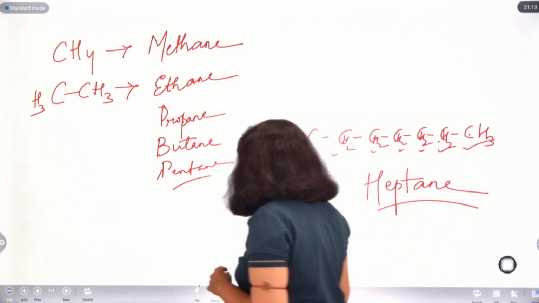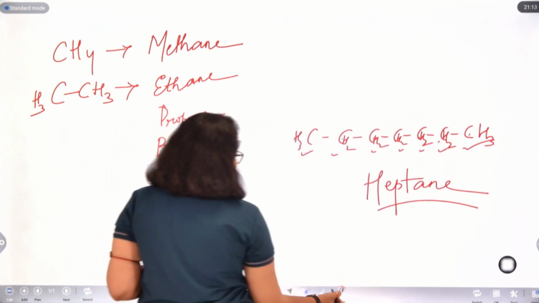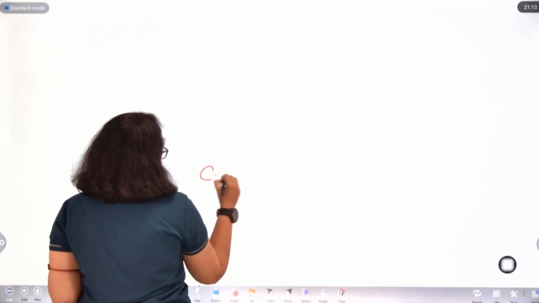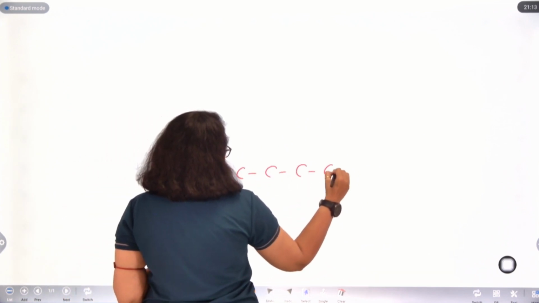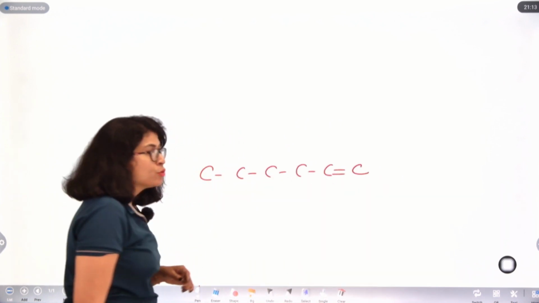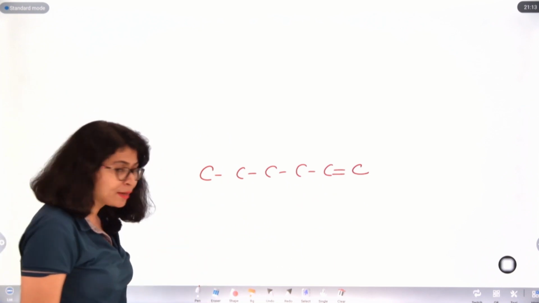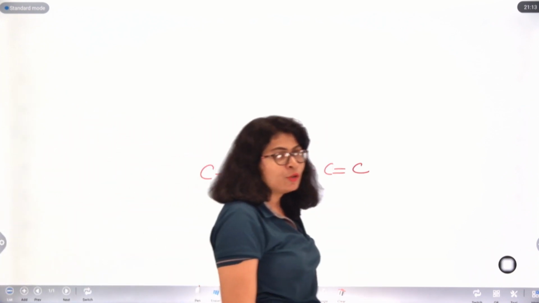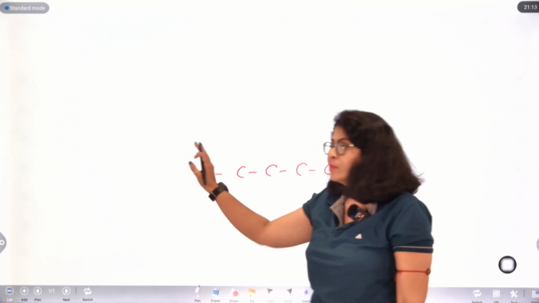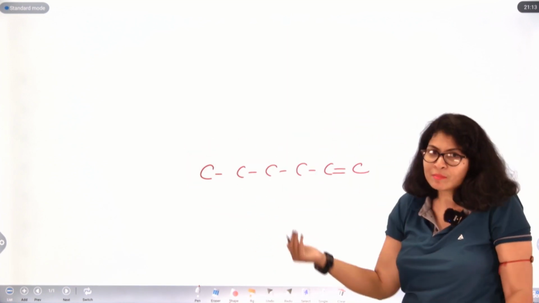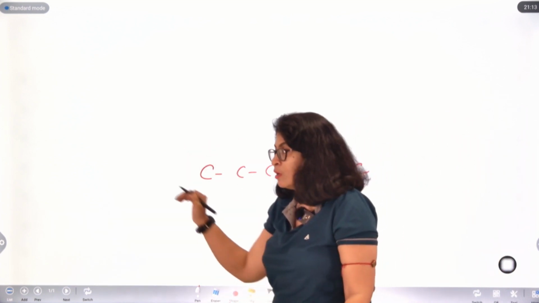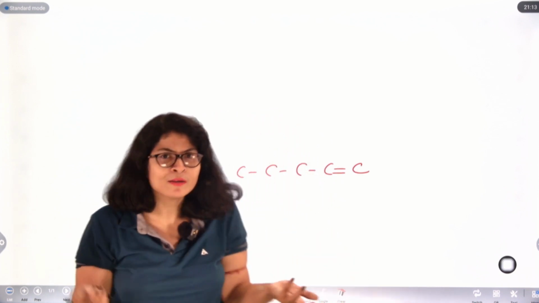Now if I see a double bond. So when these types of cases arise, in the previous case what were you doing? You were starting the numbering from this side or from this side, it doesn't matter, counting the number of carbon atoms. Whichever side you chose, that was fair and correct.